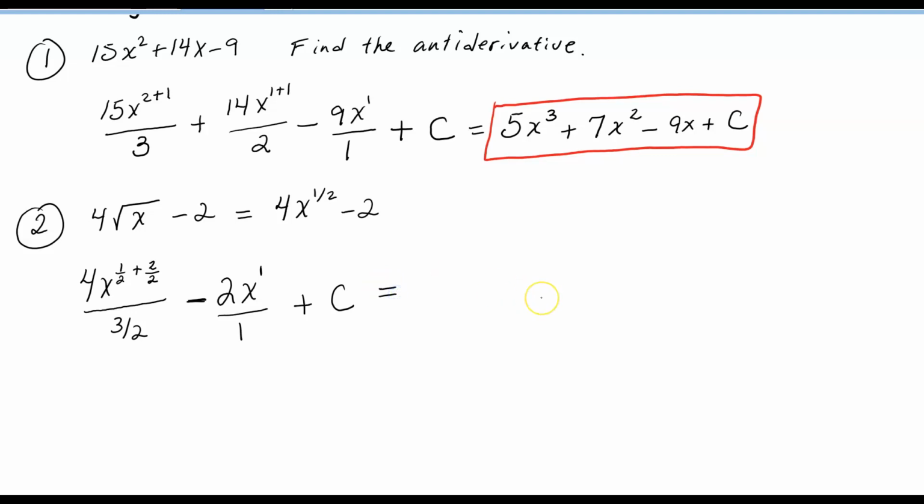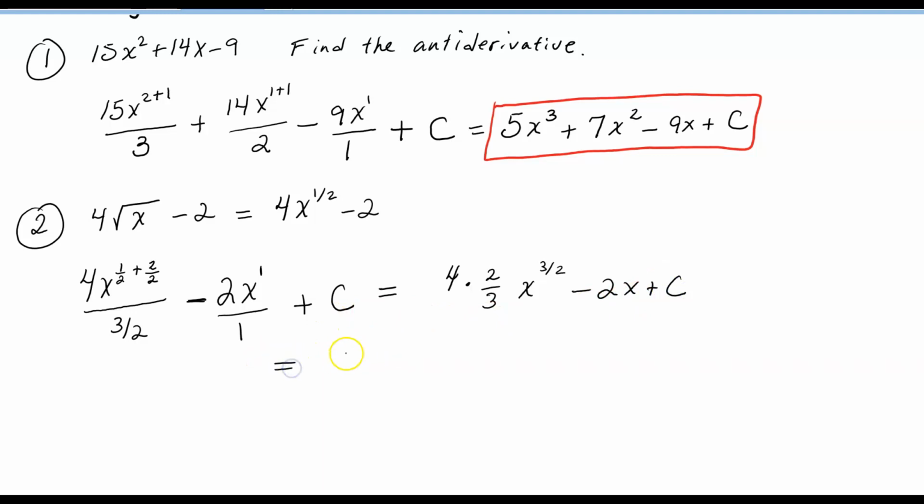Now it's just a little bit of arithmetic here when we're working with adding and subtracting fractions, and multiplying and dividing for that matter. We keep the first fraction, 4, and flip the second fraction: 3 over 2 becomes 2 over 3. So 4 times 2 over 3, and then it's x to the power 3 over 2, because 1/2 plus 2/2 is 3/2, minus 2x plus the constant of integration c.